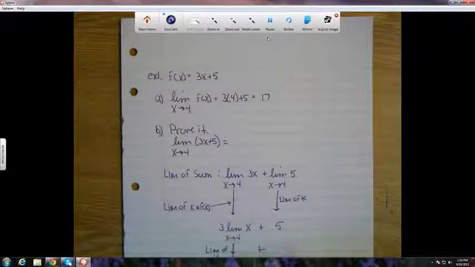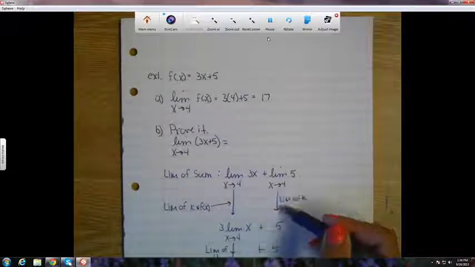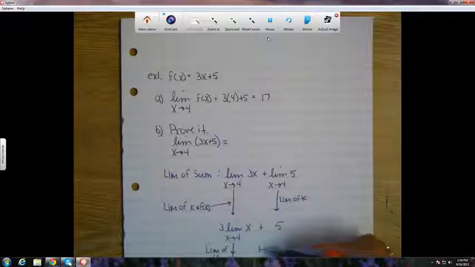Well, actually, not 3 times x, 3 times 4. I'll put the 4 in. And then this one's 5 that I'm just carrying down. So now I'm at the spot where I've gotten rid of all the limits, and now I just have the algebra. 3 times 4 is 12, plus 5 is 17. So each step down needs a property to simplify it until you get it down to the constant, then you just carry it along.